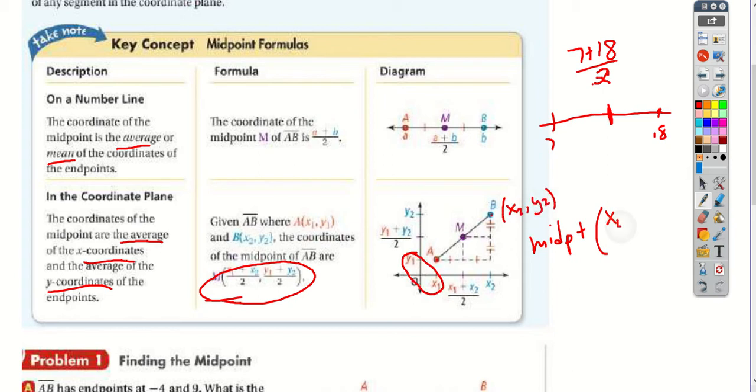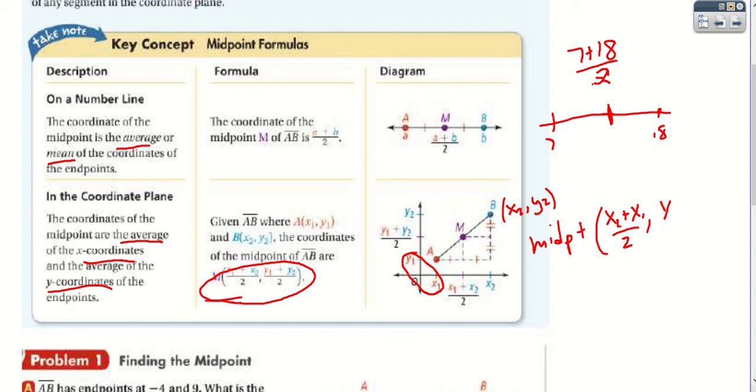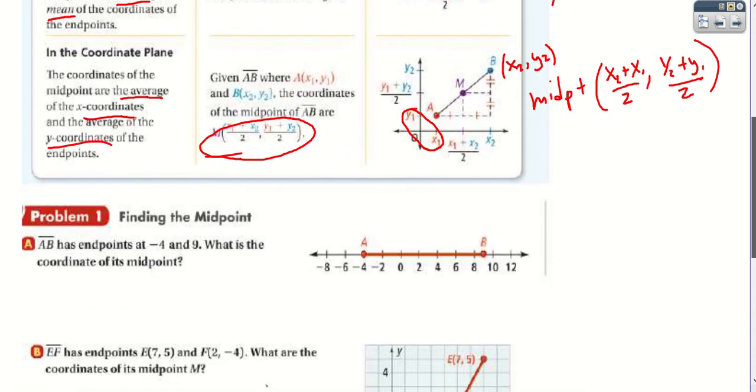So we do x2 plus x1 over 2, comma, y2 plus y1 over 2. That's the formula we're going to use moving forward: average of the x's, average of the y's.